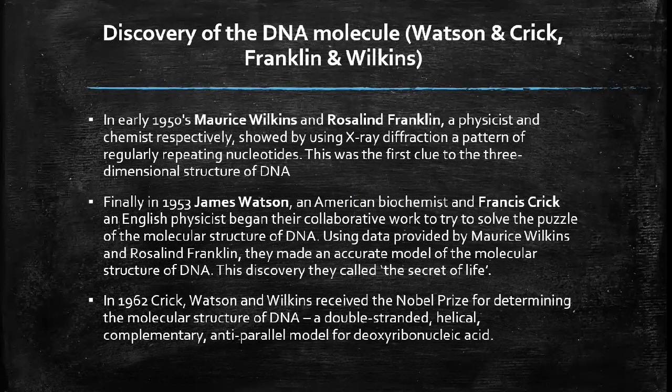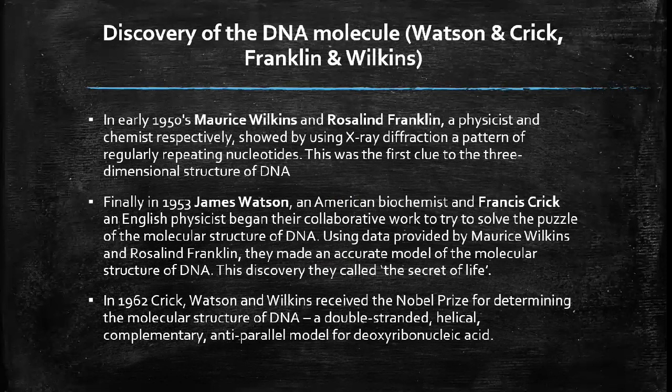And then in 1962, Crick, Watson, and Wilkins all received the Nobel Prize for determining the molecular structure of DNA. And if you have noticed, only three of them received the Nobel Prize. What about Rosalind Franklin?